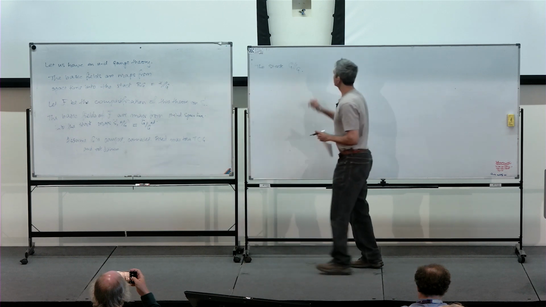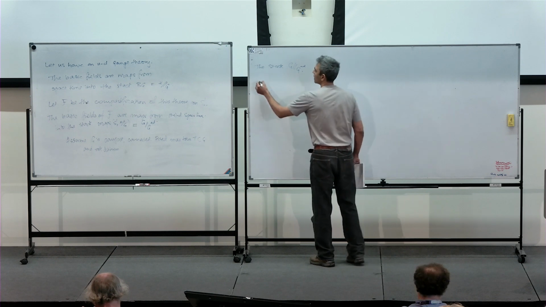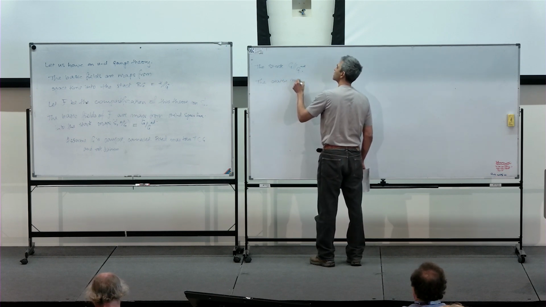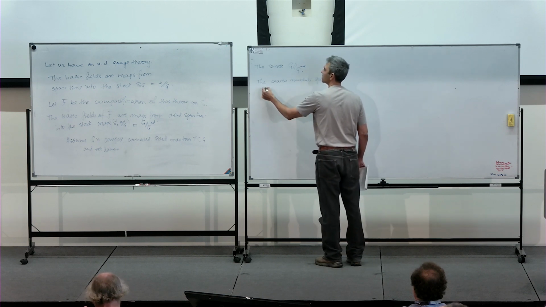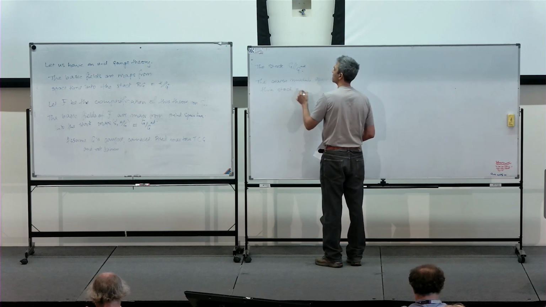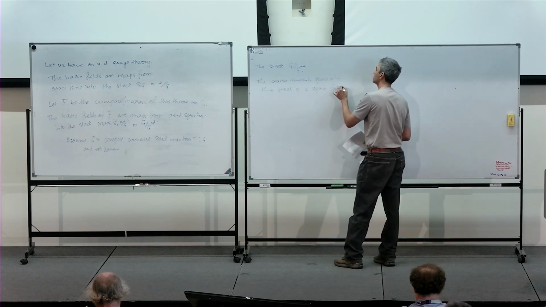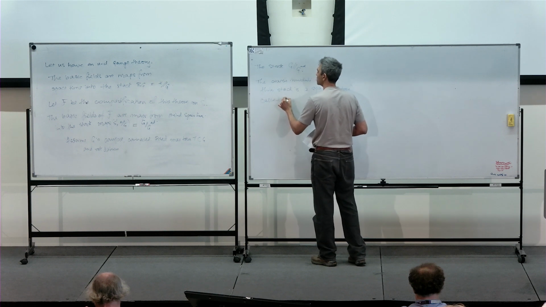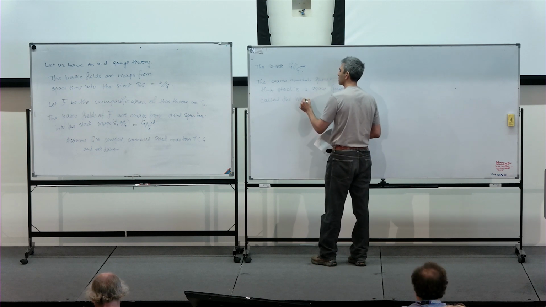So now let's think about this stack G mod mod G under the conjugation action. The coarse moduli is a space, it's a polytope called the Weyl alcove.